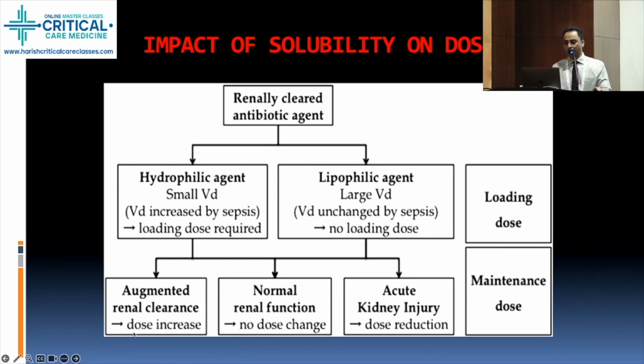So then the question is, patients in the initial phase of sepsis or trauma, or in the immediate phase of burns or post surgery and all, will have something called augmented creatinine clearance, okay, particularly for water soluble agents. If you take colistin, we know that colistin is available as a prodrug, colistimethate sodium. It has to get converted into the active moiety, that is colistin.